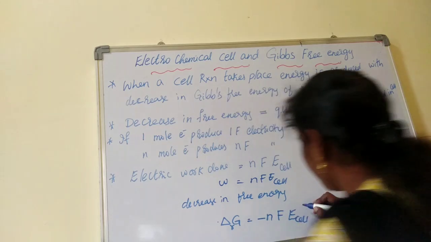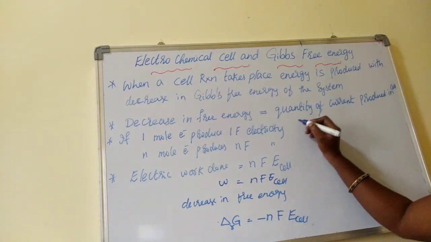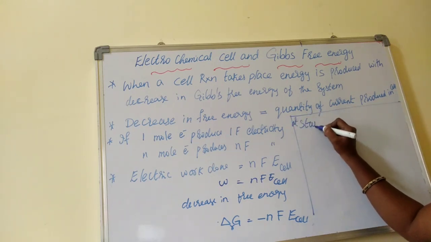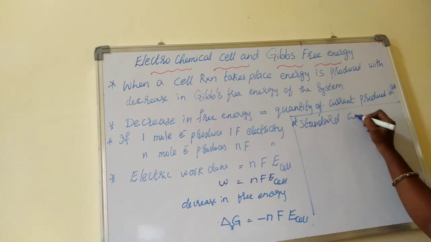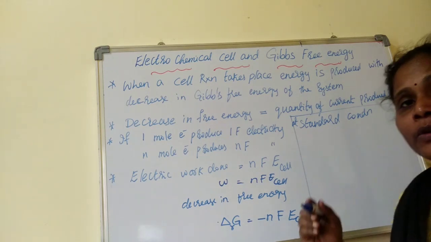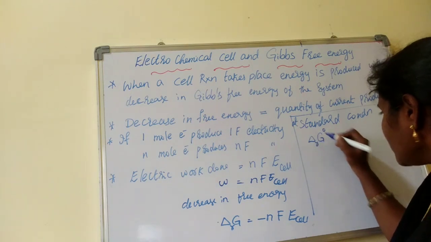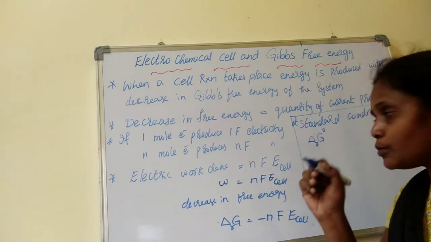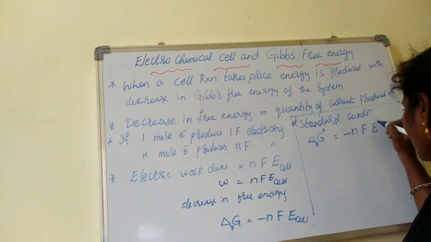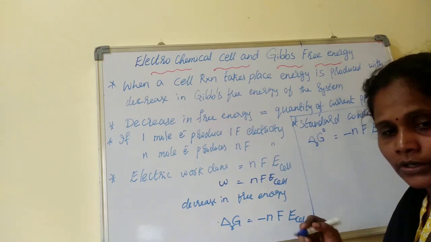Then we know that here, okay, E cell at standard conditions. What are the standard conditions? At standard conditions, that means 1 molar concentration and 298 Kelvin. At that time, delta G r naught I have to write. Standard condition means superscript 0 I have to write, minus nFE naught of the cell, right? But we know what E naught is.